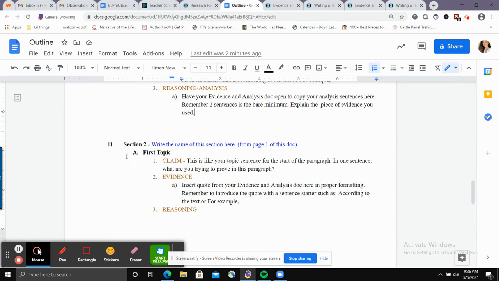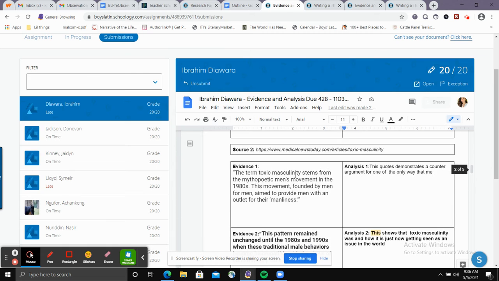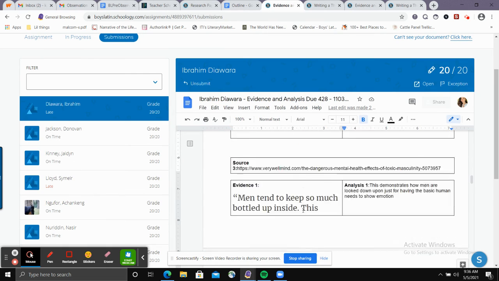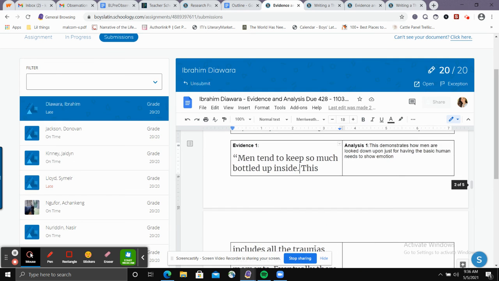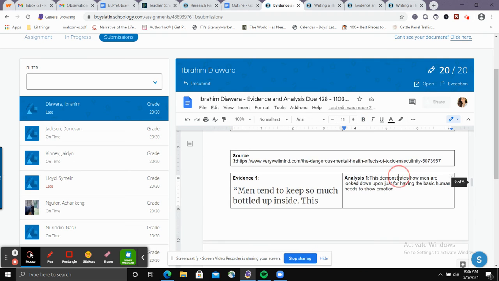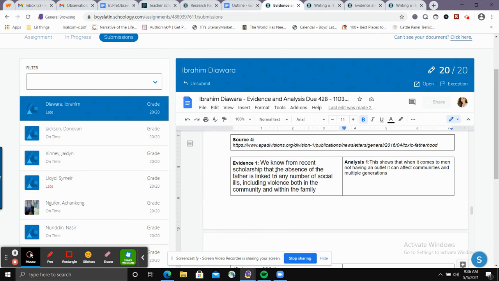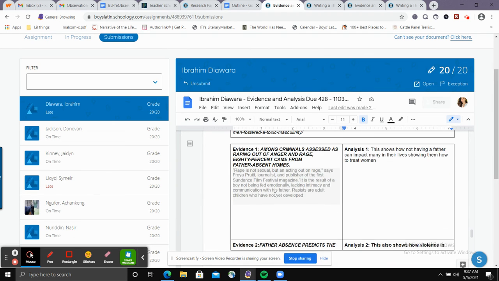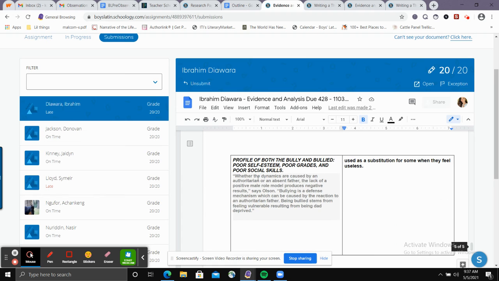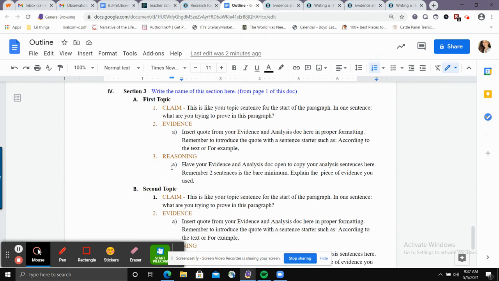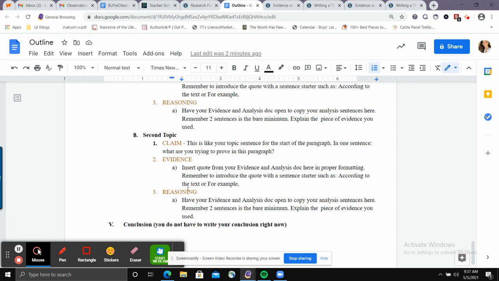And you keep going. So section 2, I would scroll down, go to my next thing, boom, boom, analysis, analysis, and section 3, boom, boom, analysis, analysis. Of course, we have 4 to 5 sources that we found. So you're going to see that there's only 3 sections.